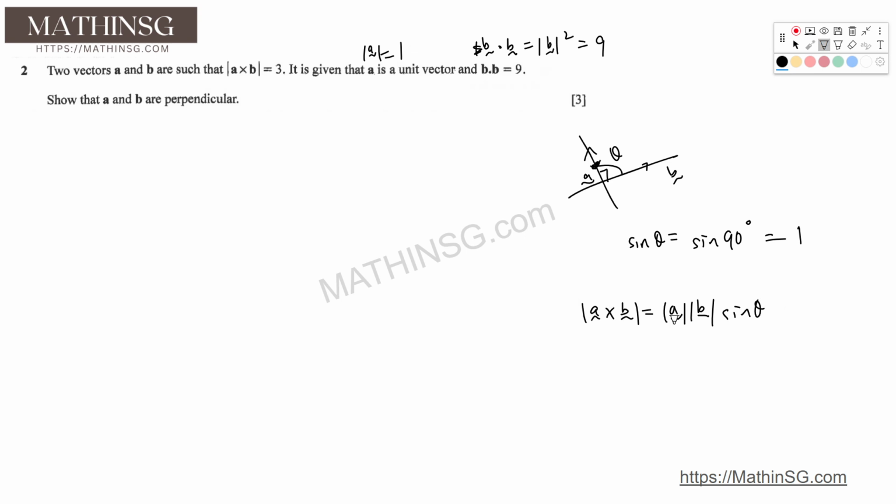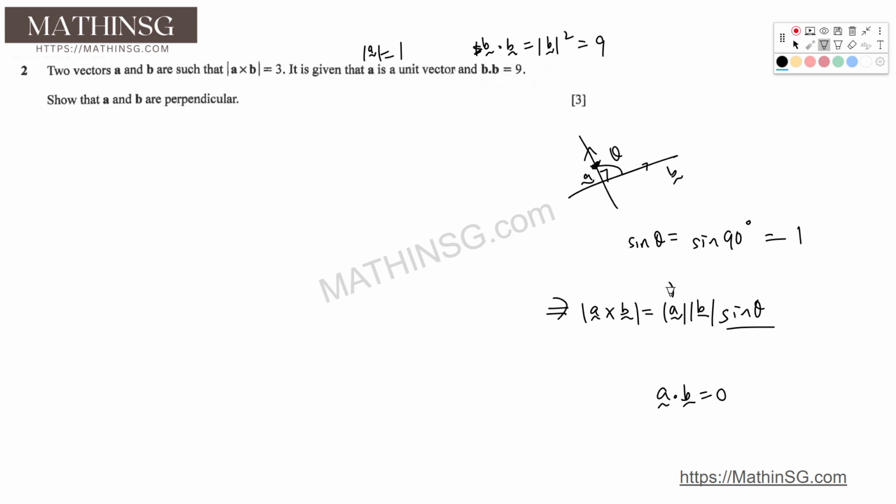So one way to show it is to show that sine theta equals 1, and from there we can conclude that A and B are perpendicular. Another way is to say that A dot B equals 0, which is the more common one. But looking from here, we are given a cross product instead of a dot product. So more likely we will need to show it using this method.